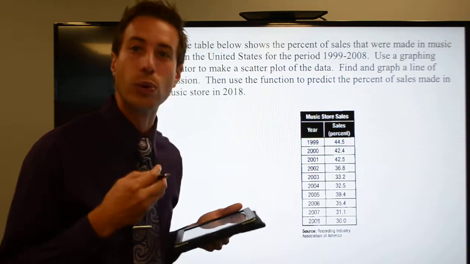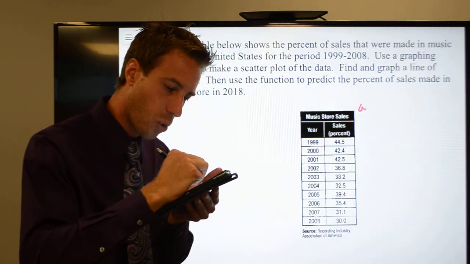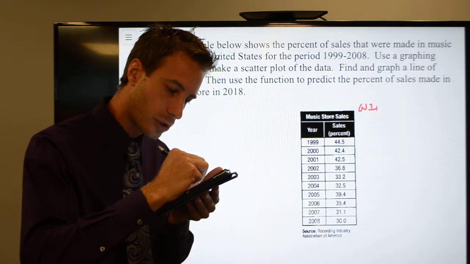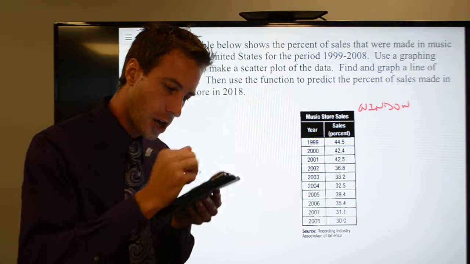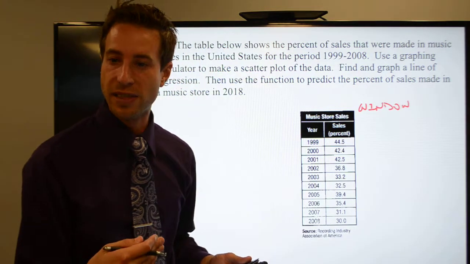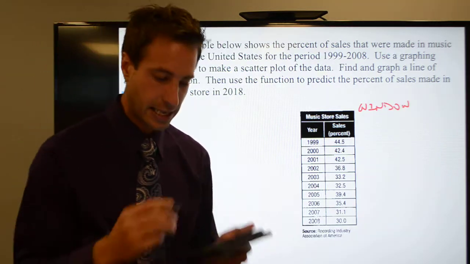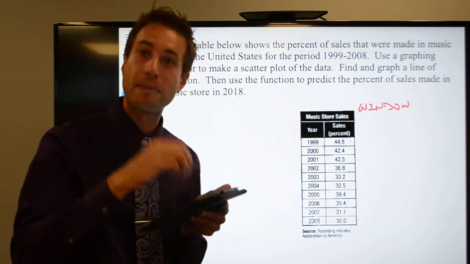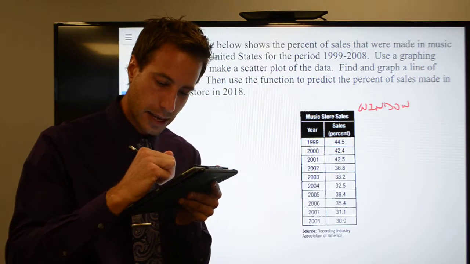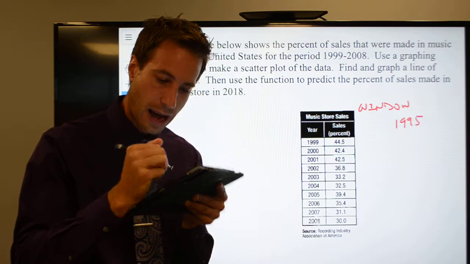And let me give you the window that I'm going to use. You can use whatever window you want, just remember the way this works. Because 1999 is my smallest value, I want to be less than 1999. I used 1995, so I made my X min 1995.